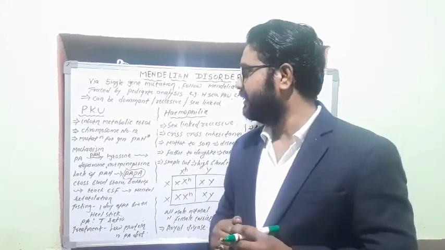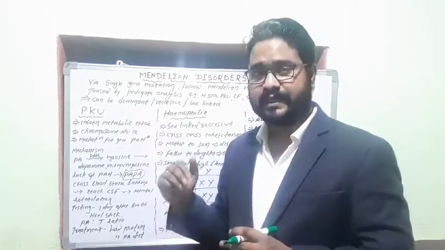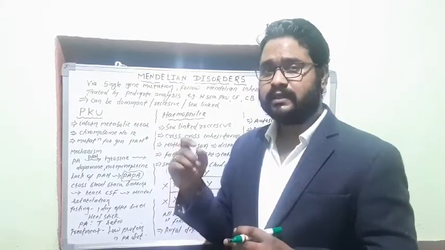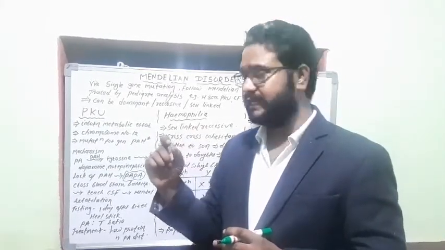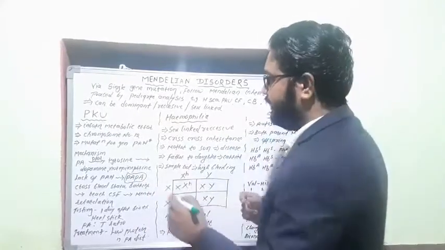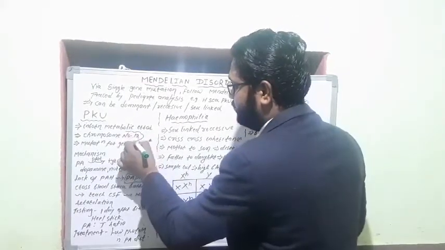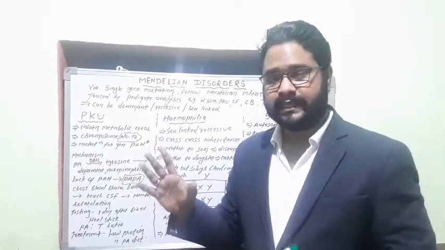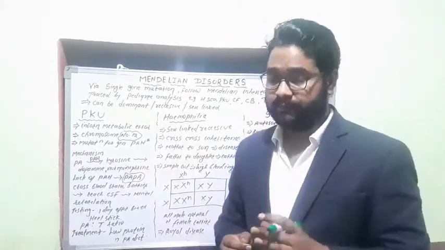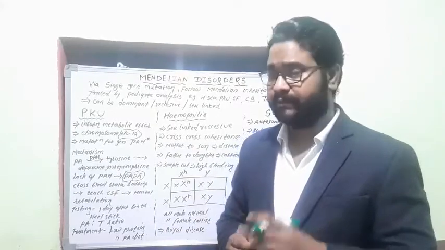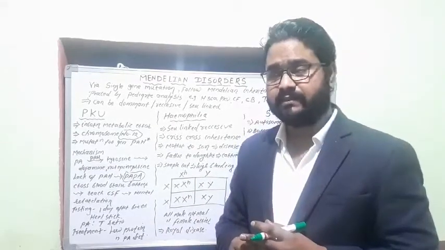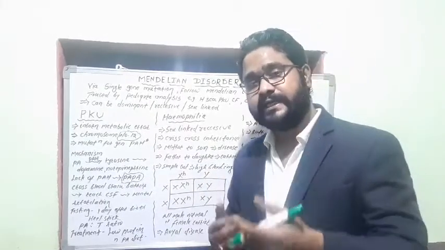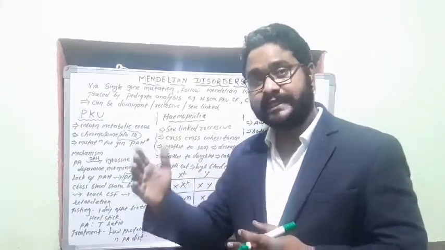Now here, PKU, phenylketonuria, is a condition that results from a defective gene on, remember correctly, chromosome number 12. So first, phenylketonuria is a metabolic disorder because of non-functioning of an enzyme. The location of the mutant gene is chromosome number 12. And which gene is mutated?